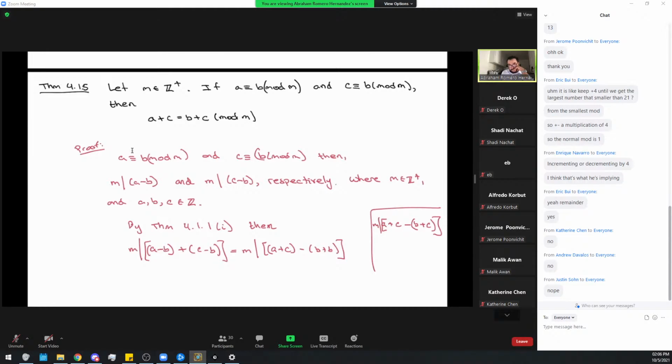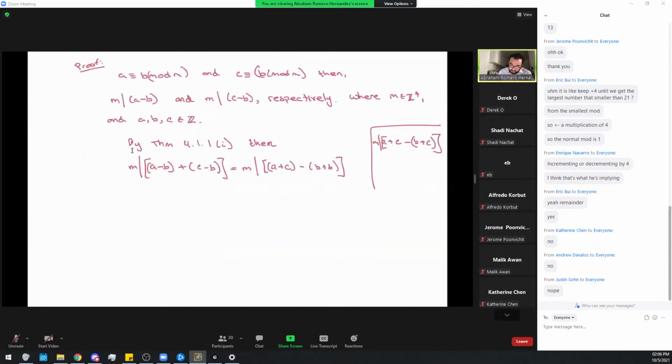M divides A minus B. Let me rewrite this.